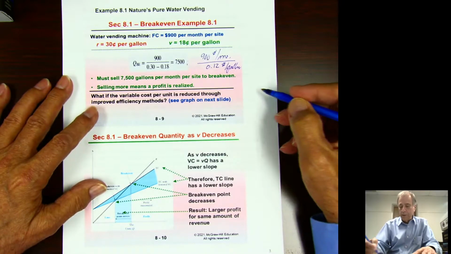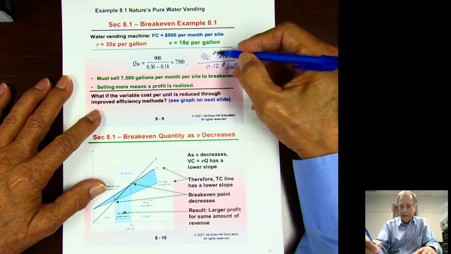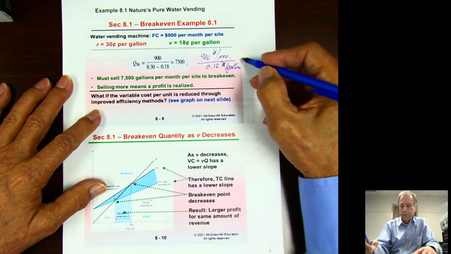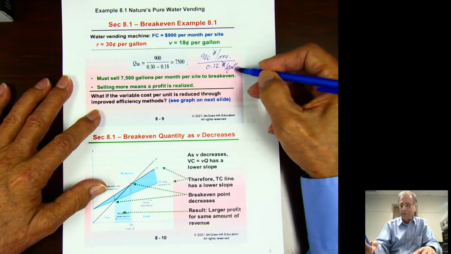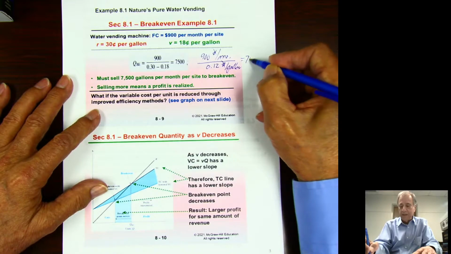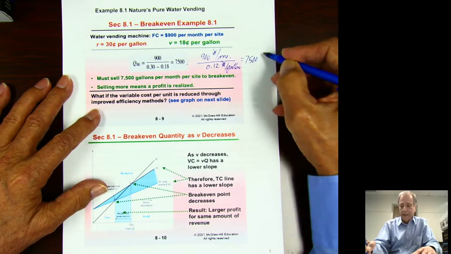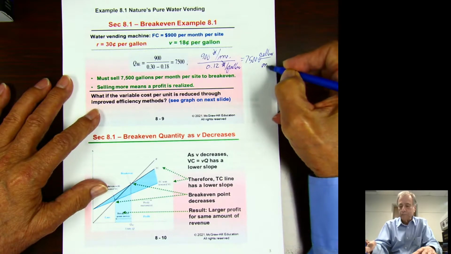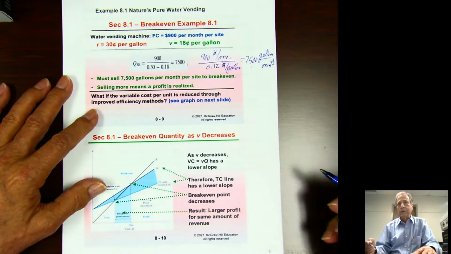And when you divide that, the dollars will cancel and the gallons will go into the numerator because it's in the denominator of the denominator, so to speak. So that will give us 7,500 gallons per month, and that's the break-even point.